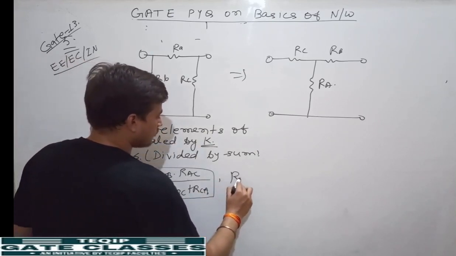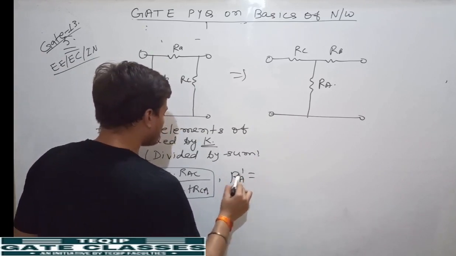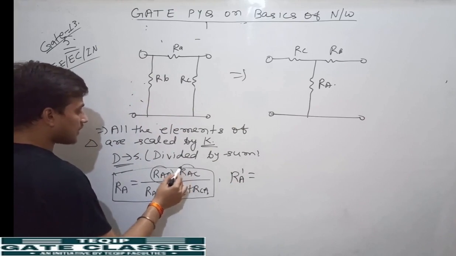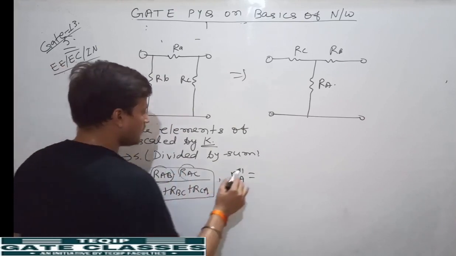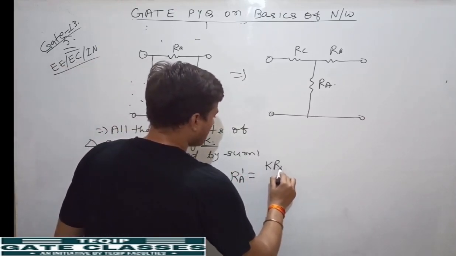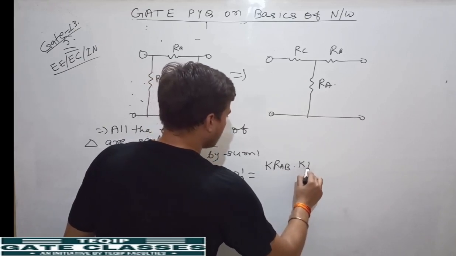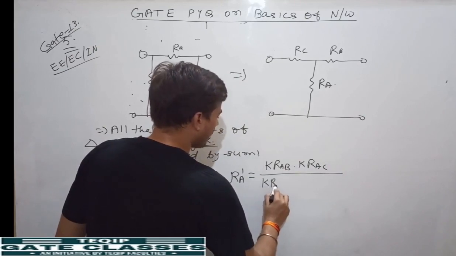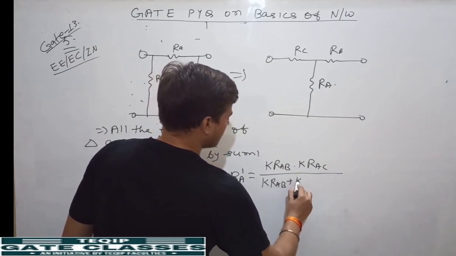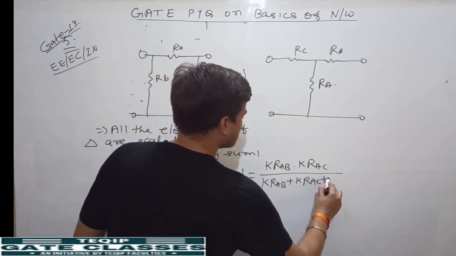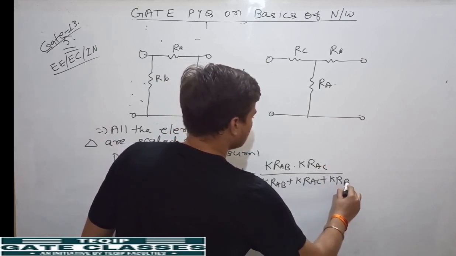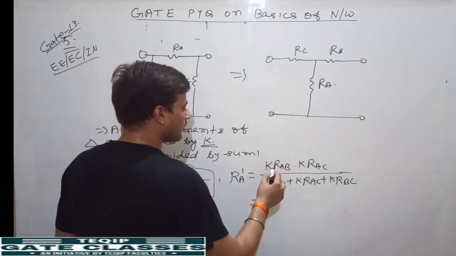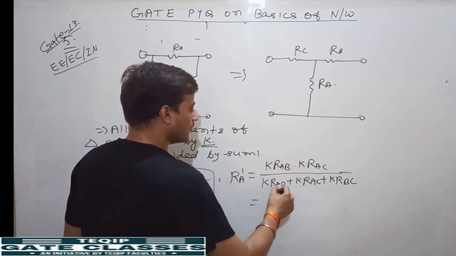Next, you have to calculate RA dash. The resistances of the delta connection have been scaled by k, so it is kRAB into kRAC divided by kRAB plus kRAC plus kRBC. Taking k common, the numerator is k square and the denominator is k.